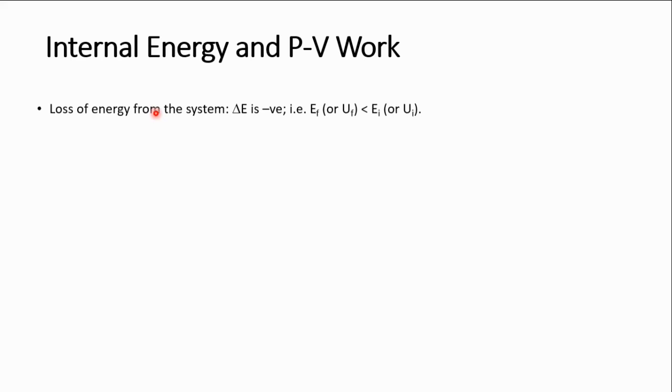The initial internal energy is what it started out with. Let's say it started out with 10 kilojoules. If the system lost some energy, then maybe its final internal energy will fall to about 6 or 7, I don't know. And so what you can see clearly is that the final internal energy is less than the initial internal energy. So when you try to calculate the internal energy change, you'll get a negative change in the internal energy.